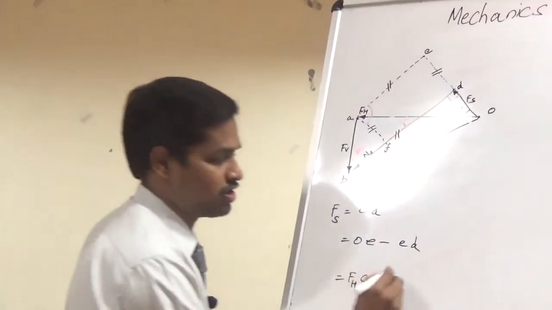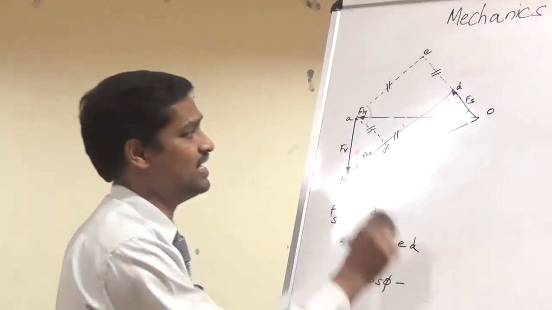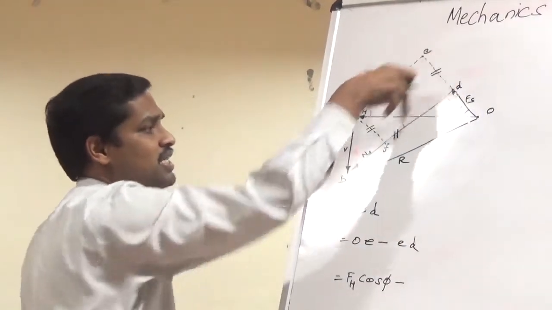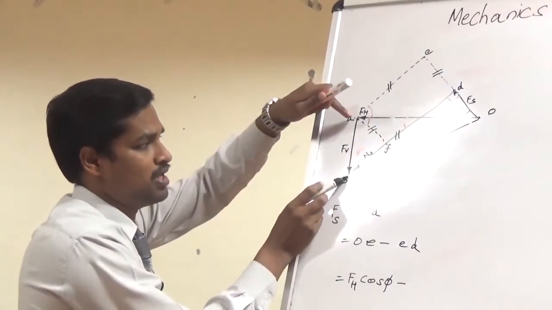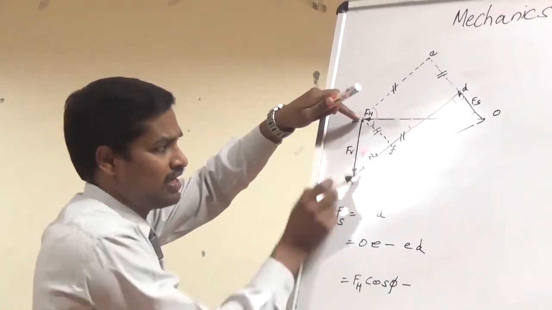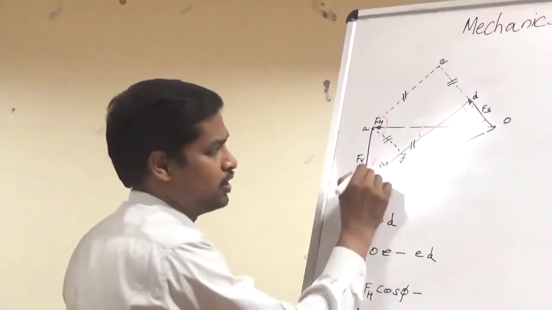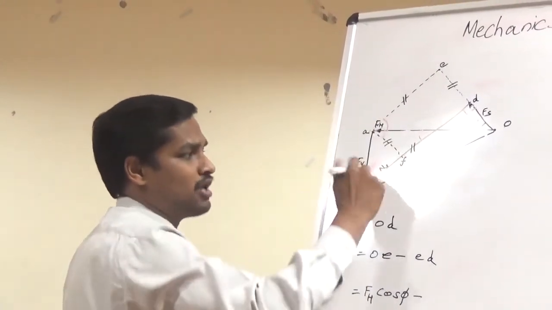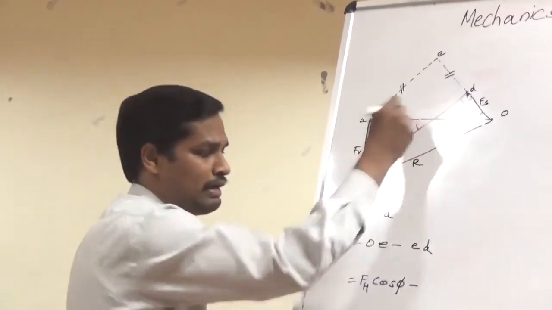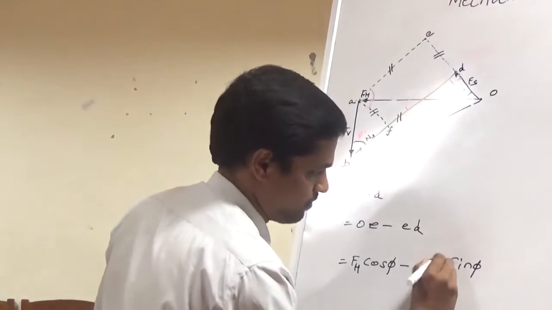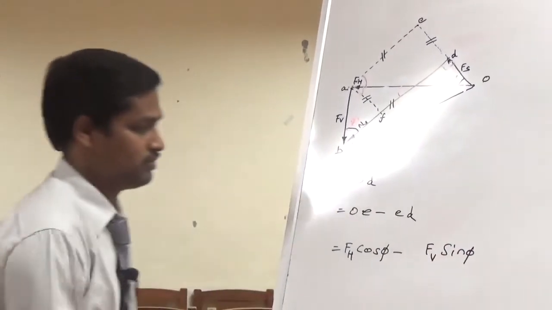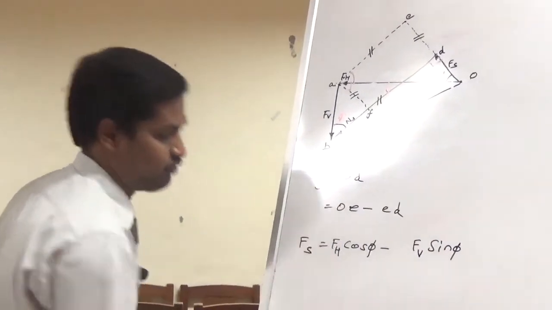So FH cos pi minus ED. ED is equal to AF. So AF can be related to AB, and AB we can rewrite in terms of FV. AF is opposite to this pi angle, so the opposite side is FV sin pi. So the Fs relation we have found.